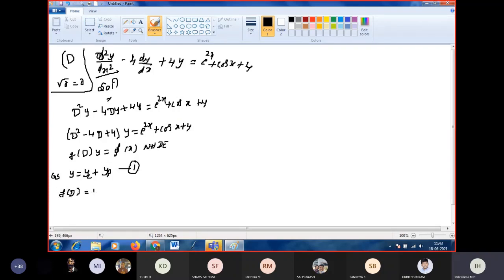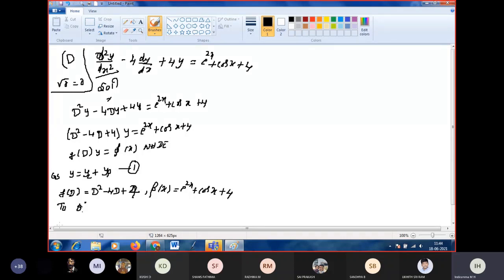F of D is D square minus 4D plus 4. What is phi of x? E to the power 2x plus cos x plus 4 into e to the power 0x. 4 only you write, later we can see.